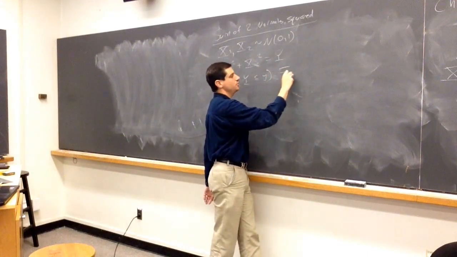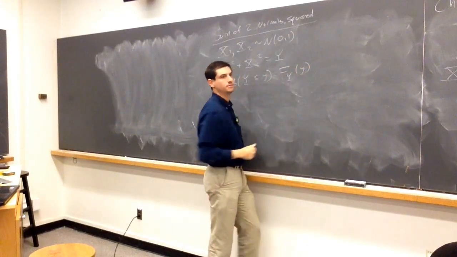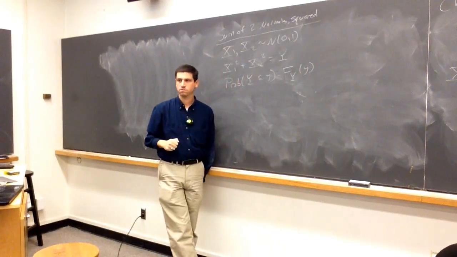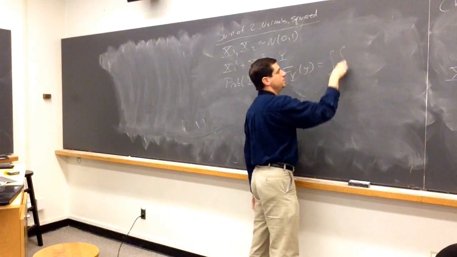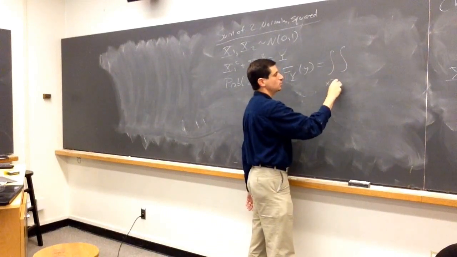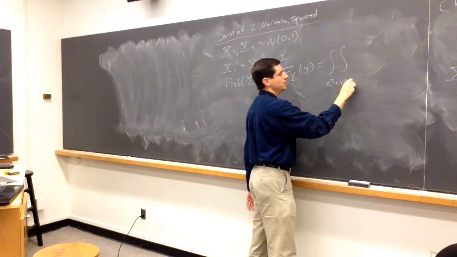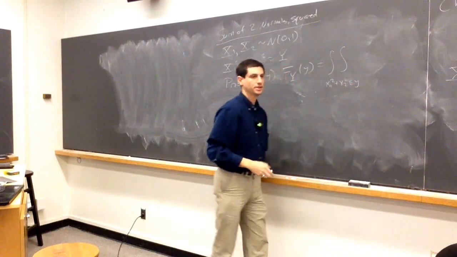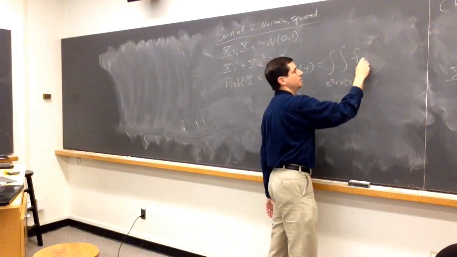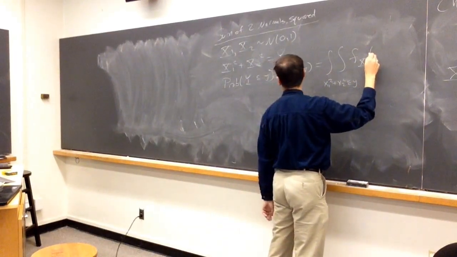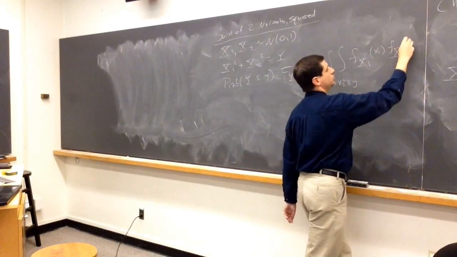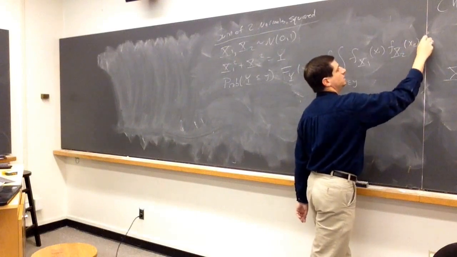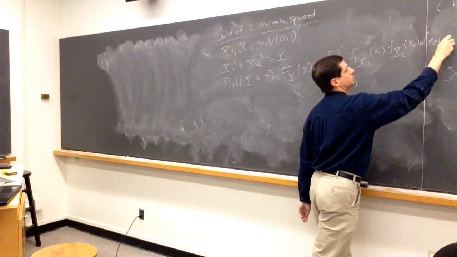This will be the cumulative distribution function of y at y. And now geometrically, this is going to be the double integral over x1 squared plus x2 squared is less than or equal to y of the density function of x1 at x1, the density function of x2 at x2, dx1, dx2.